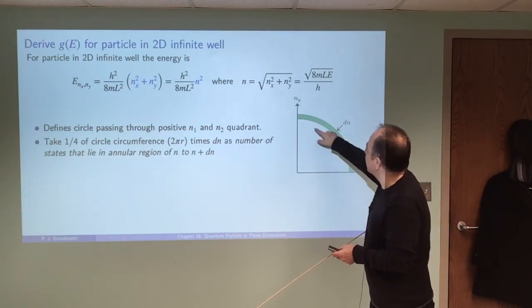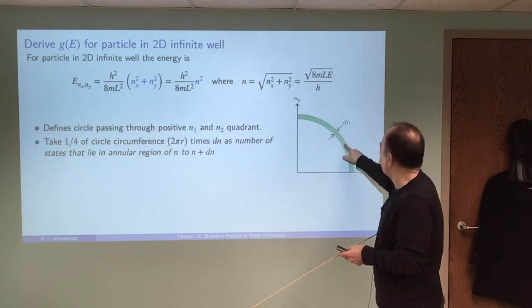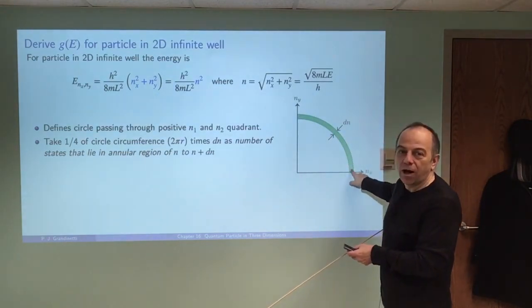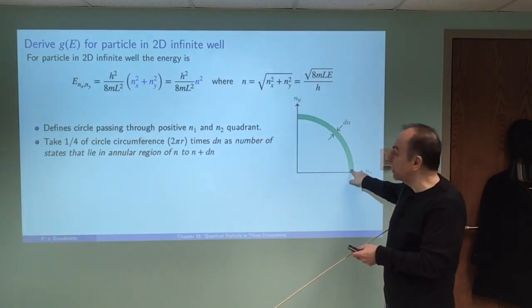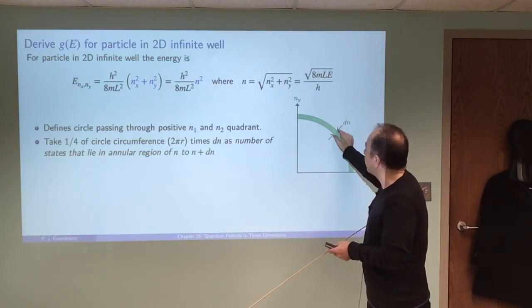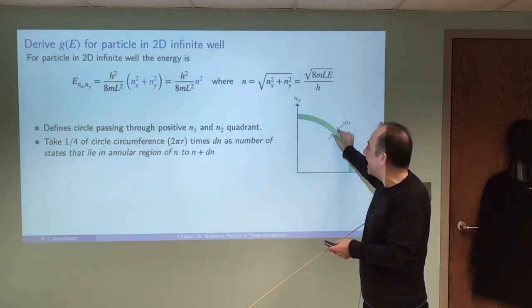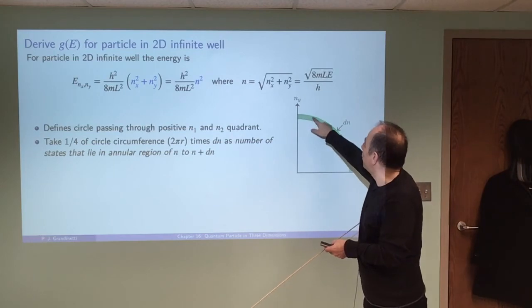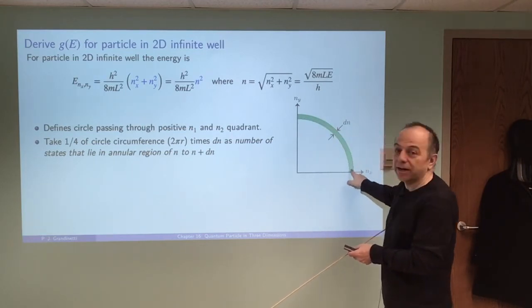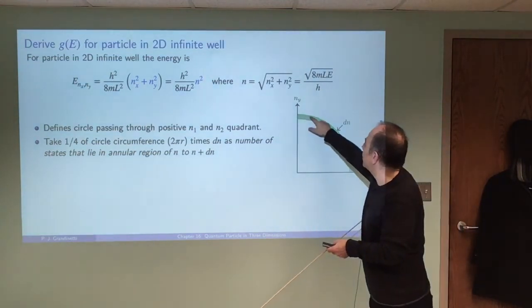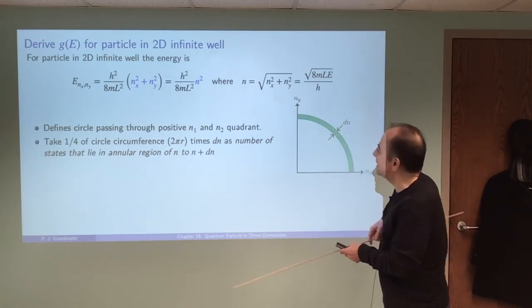So if I take the circumference of the circle just in this quadrant, just this quarter of the circumference of the circle, and I multiply it by some width dn, then I'll have the number of states along this curve with this width dn.